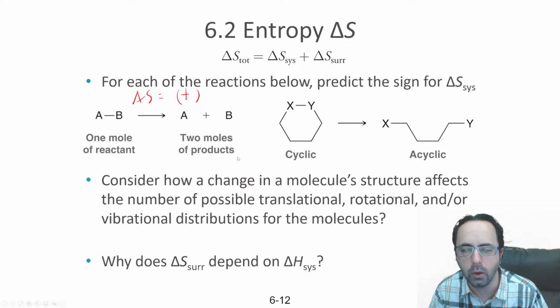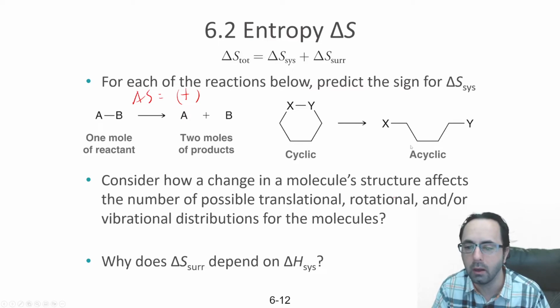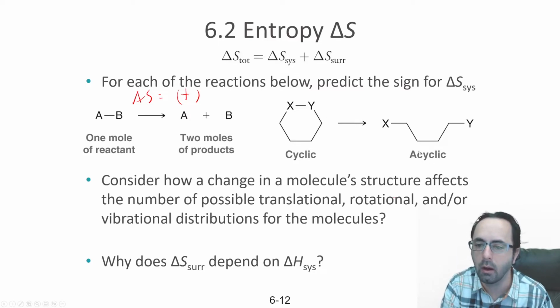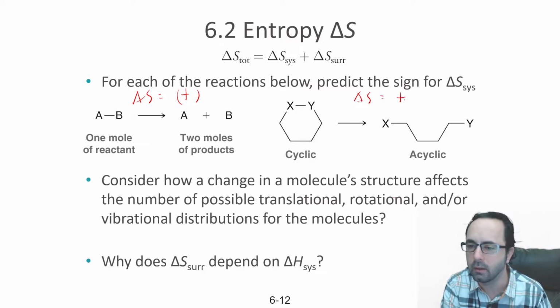They can move around wherever they want, whereas here they were stuck together and didn't have as much freedom to move around. Or here, if we have a cyclic compound that breaks into an acyclic compound, this is also an increase in delta S.